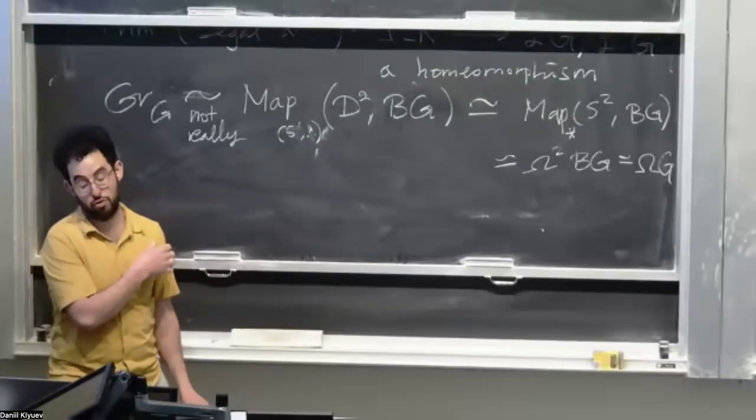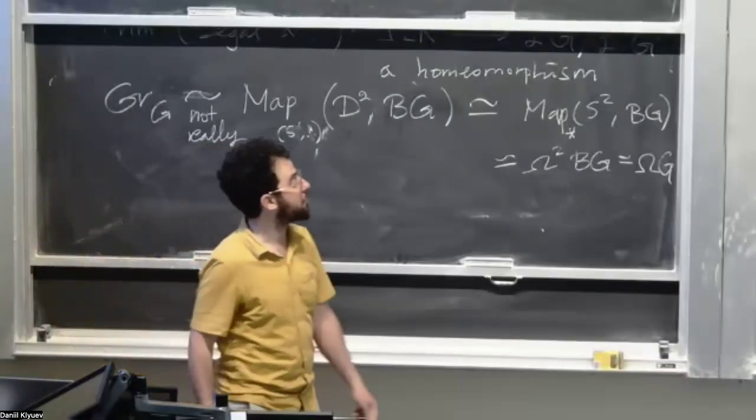Is there an explanation why you need this maximal compact subgroup? No? Okay. I'm not sure, I don't understand the proof, so I don't know.